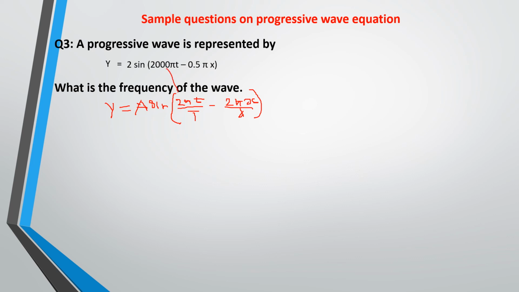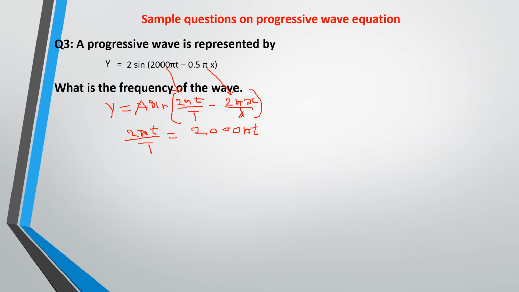Now comparing these two, we are asked to find a frequency. Okay, we are asked to find frequency. So if you compare these two, we have that 2 pi t all over T is equals to 2000 pi t.